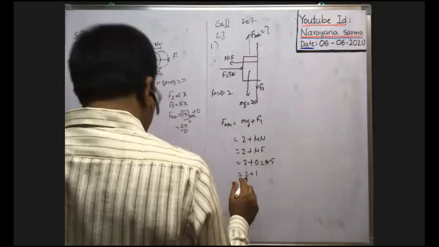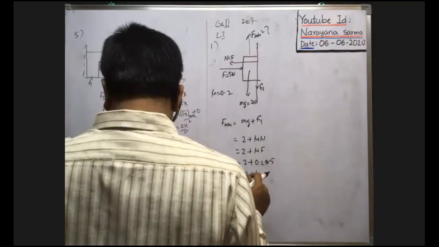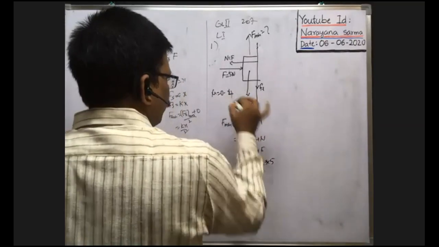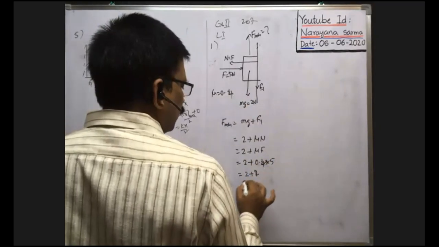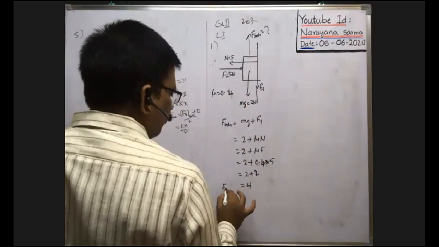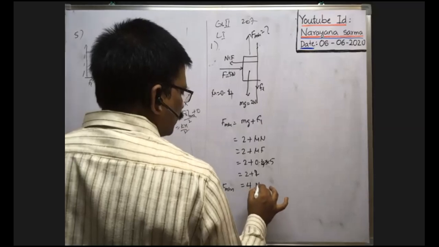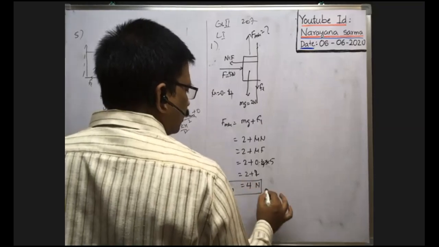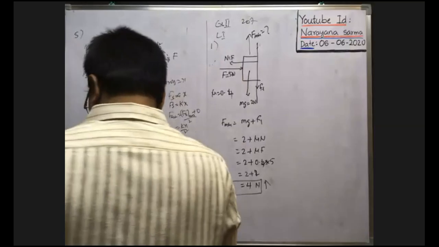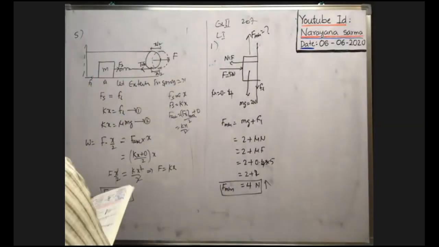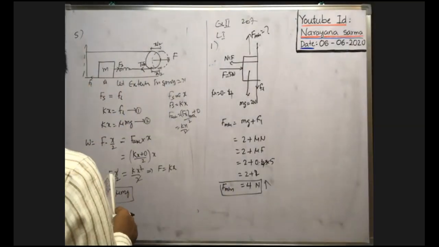Therefore the minimum force is... sorry, mu is 0.4. So 2 plus 2, therefore 4 Newton. So the minimum force required to move the eraser upwards is 4 Newton. This force must be applied upwards. So this concept is also important. Okay. Next.